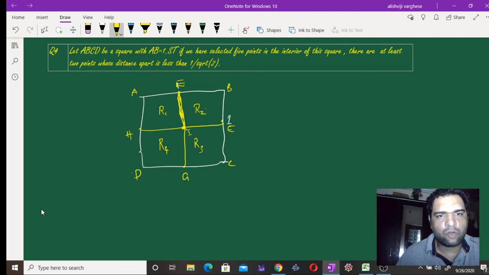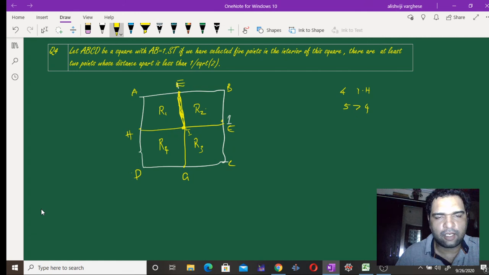Just include one boundary in R1 and another boundary in R2 and R3 and so on. We can define R1, R2, R3 and R4 in such a way. And now, by the pigeonhole principle, just consider R1, R2, R3 and R4 as 4 pigeonholes, and we choose 5 points, and 5 is greater than 4. So there is at least one pigeonhole, that is R1, R2, R3 or R4, which is occupied by 2 points.